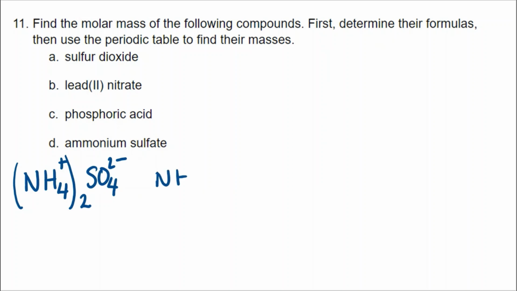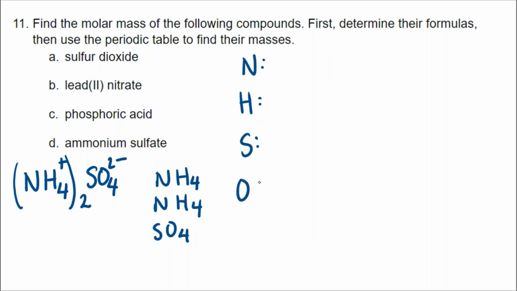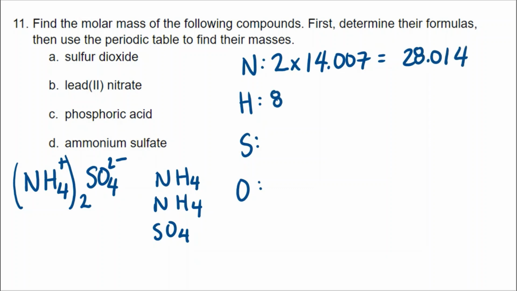So this is telling me that I have an ammonium, a second ammonium, and a sulfate. So we've got nitrogen, hydrogen, sulfur, and oxygen. I've got 2 nitrogens. Hydrogens, we've got a total of 8.